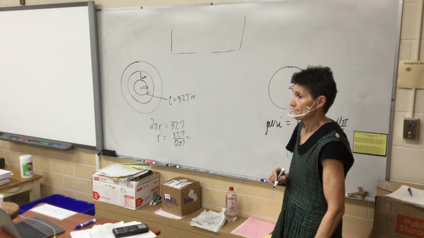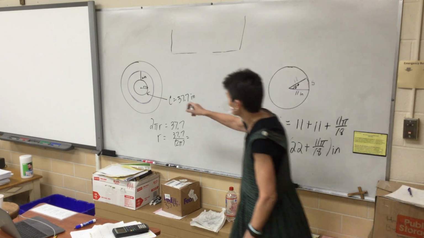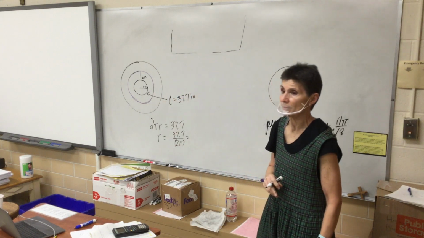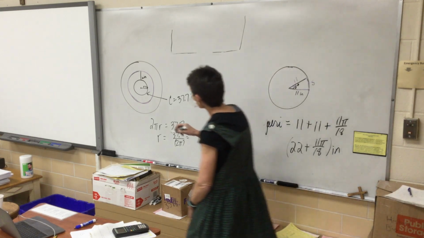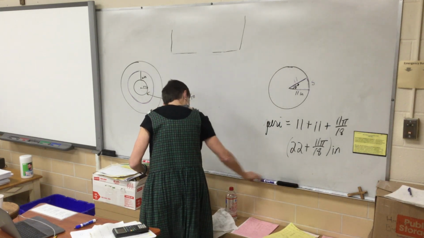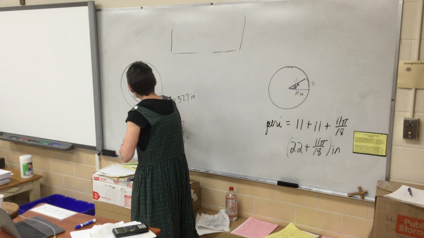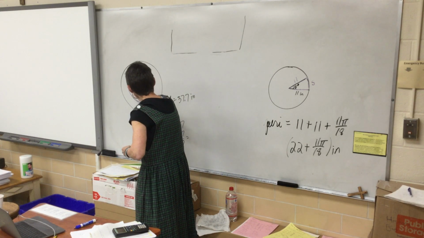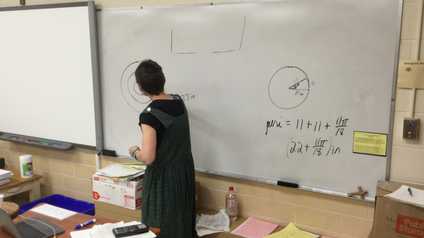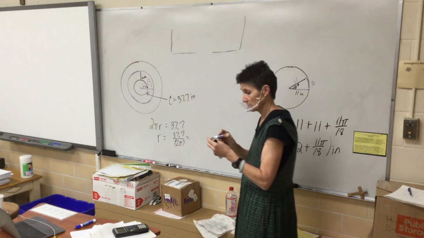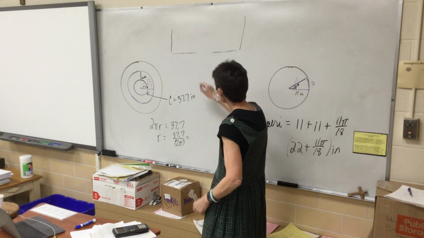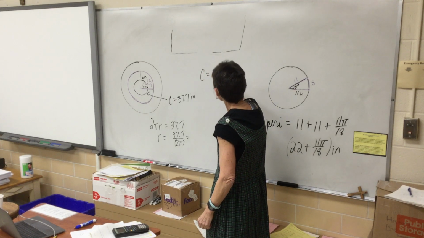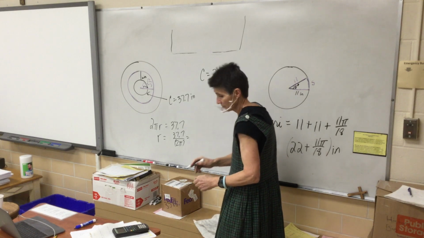Now what? That wasn't the question. I want to know the purple thing. What's the circumference of the purple thing? What can I do now? The radius of the purple then, wouldn't the radius of the purple have to be 12? So we're just basically finding the circumference when the radius is 12.